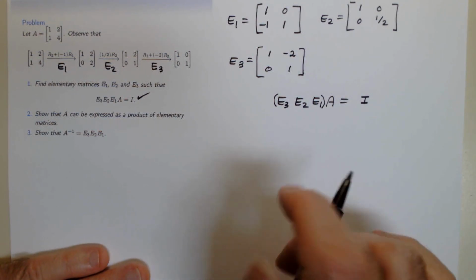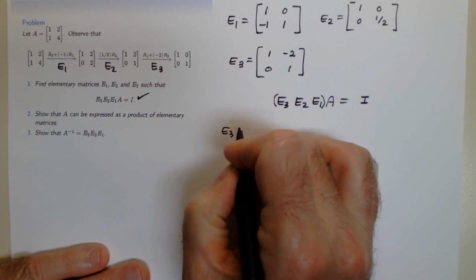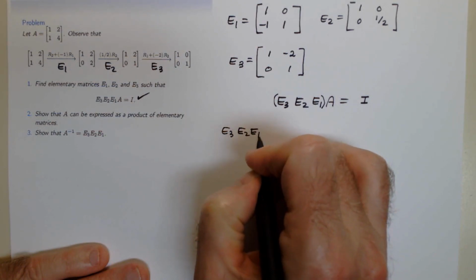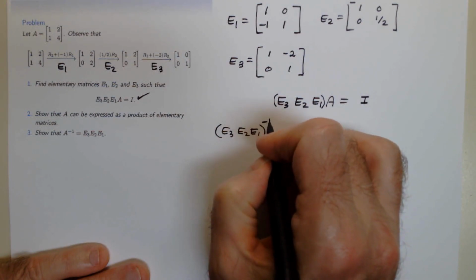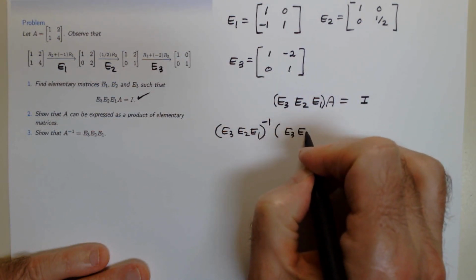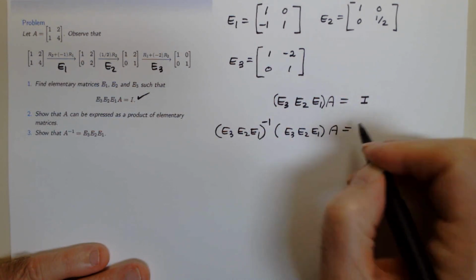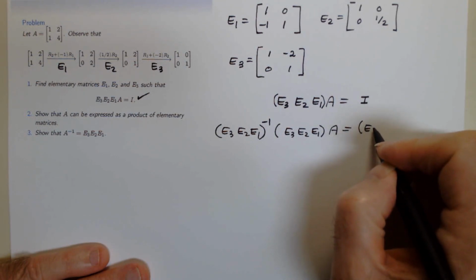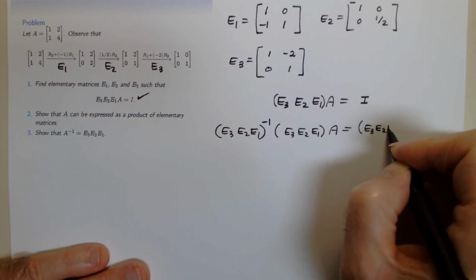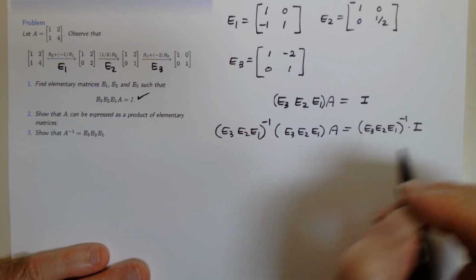So let's do that. I'm going to take (E3 E2 E1) inverse times E3 E2 E1 times A. And on this side, I'll have (E3 E2 E1) inverse times the identity matrix.